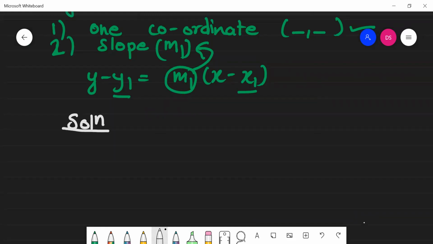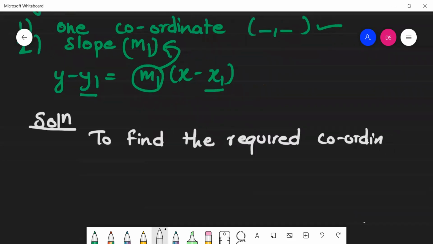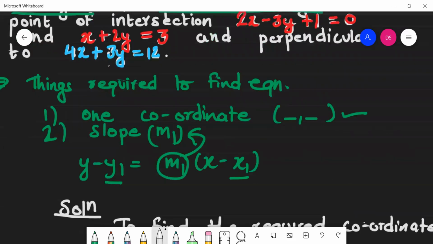First you need to find the required coordinate. According to my required things, my first target is to find the required coordinate. Sometimes in a question the coordinate will be directly given, but right now they are indirectly telling us that the value of the coordinate is not given, but our coordinate is going to lie on these equations.